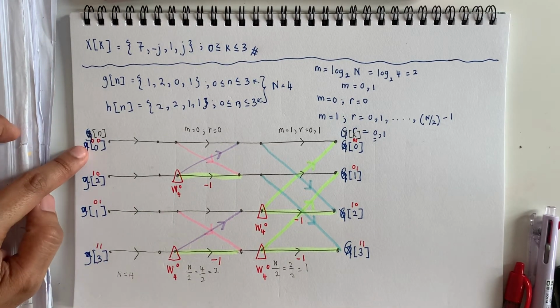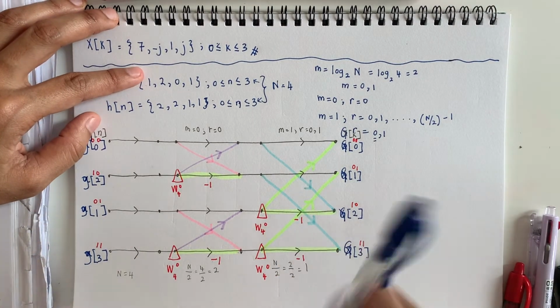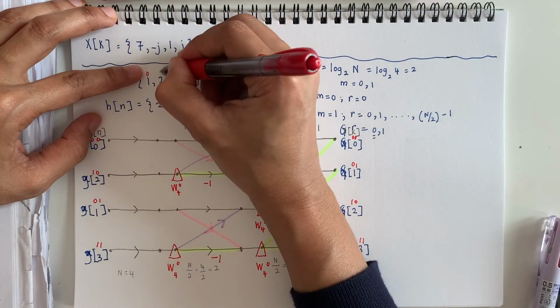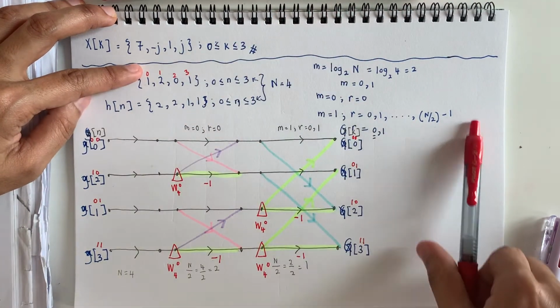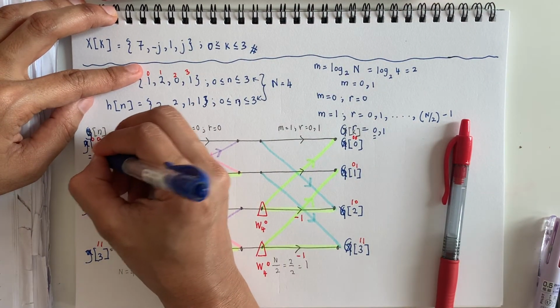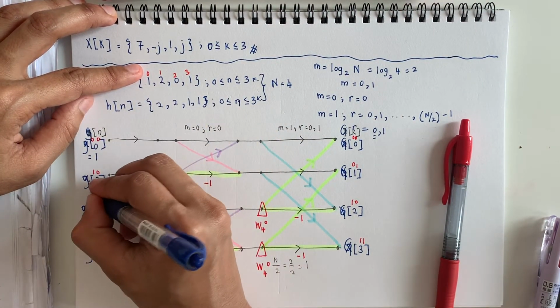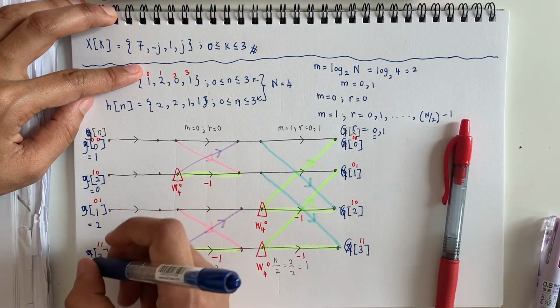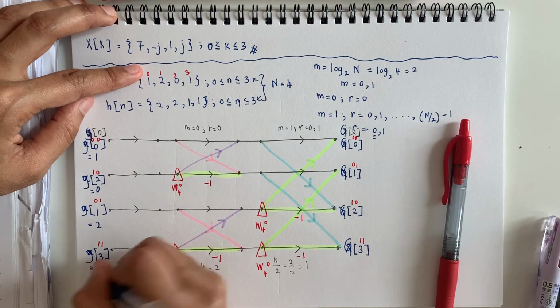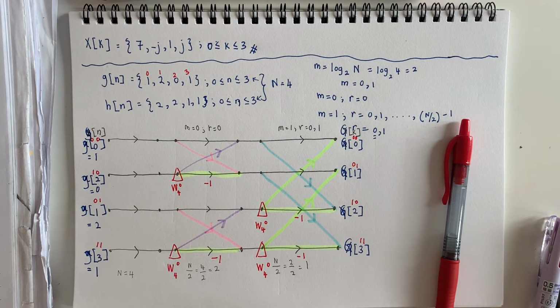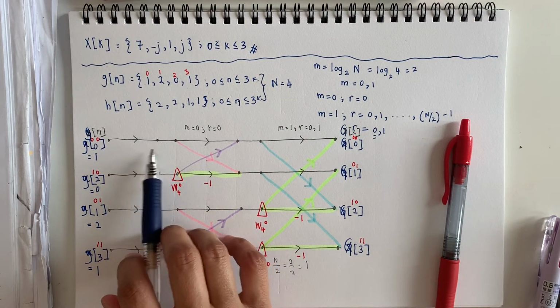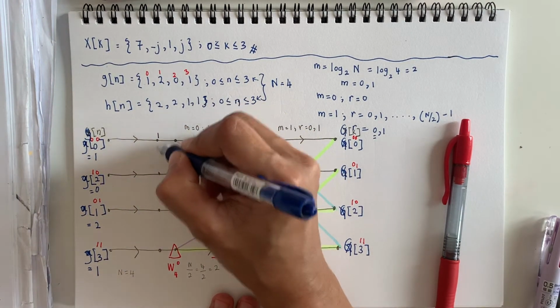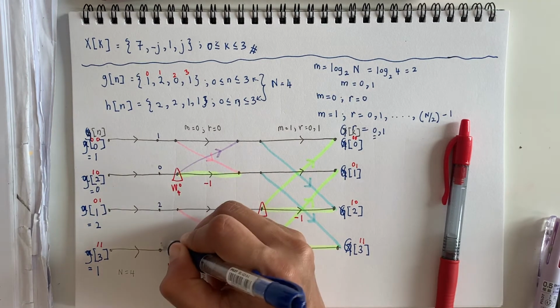So here we have 0, 1, 2, 3. So g0 is 1, g2 is 0, g1 is 2, g3 is 1. Next we are going to compute. You can just put 1, 0, 2, 1.